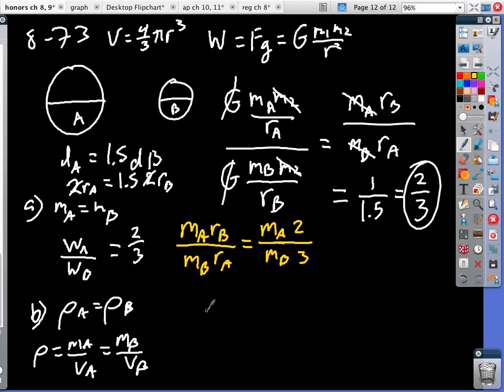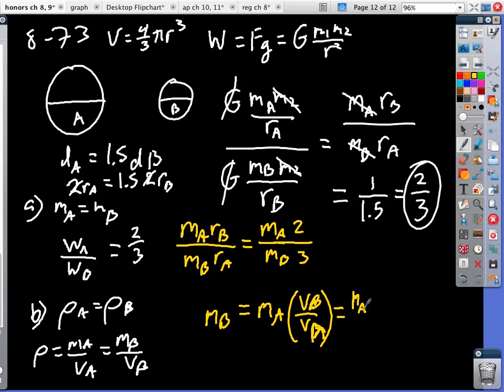So we can see that MB is going to be equal to MA times VA over VB. Oh, just kidding. That's not correct. It should be VB over VA. And for VB, we only need 4/3 pi r cubed.